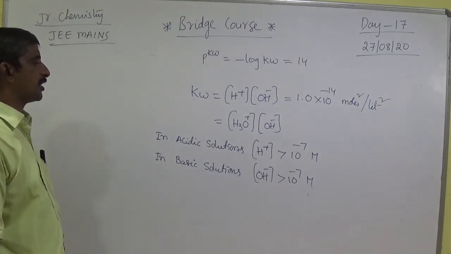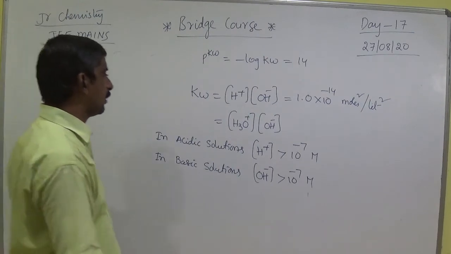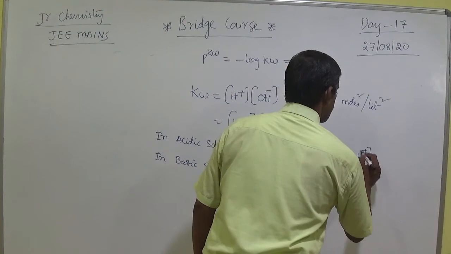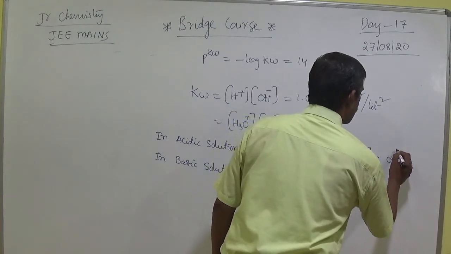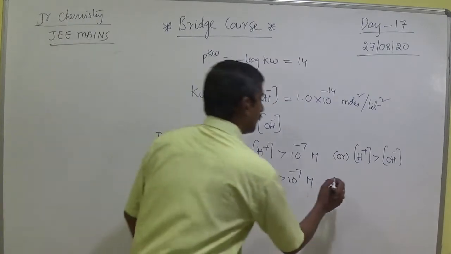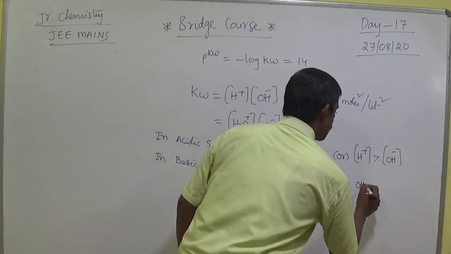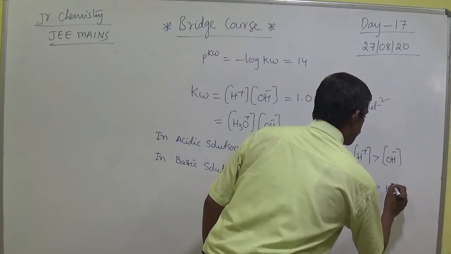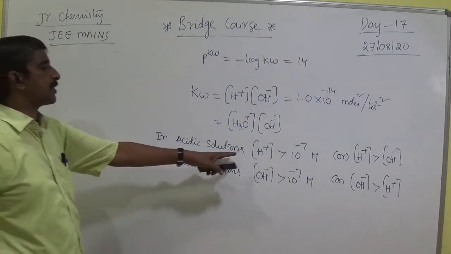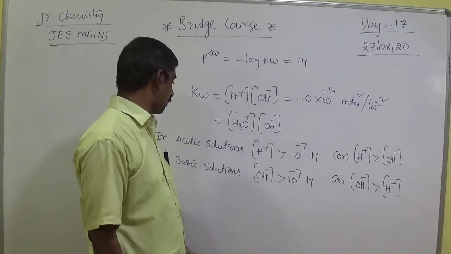In acidic solutions, H plus ion concentration is greater than OH minus ion concentration. So in acidic solutions, H plus is greater than 10 to the power of minus 7 molar.